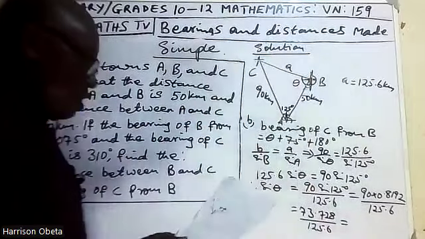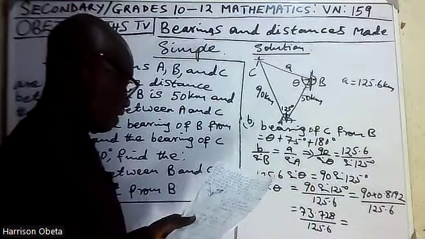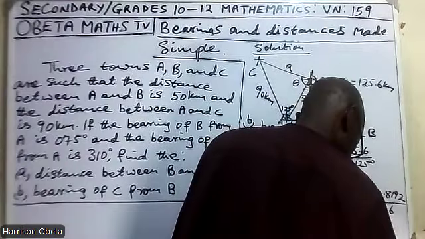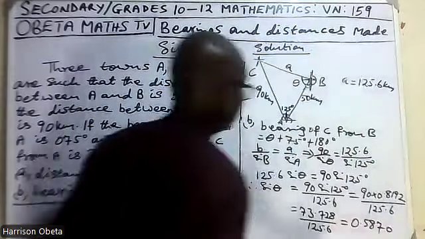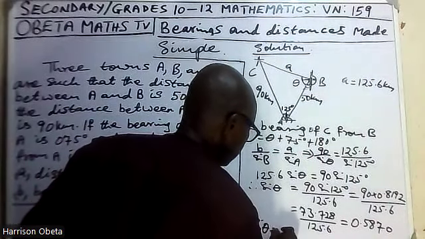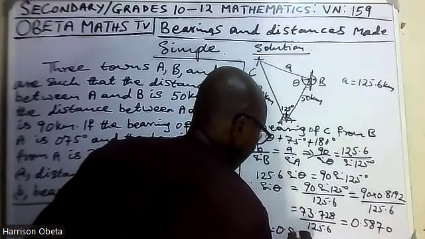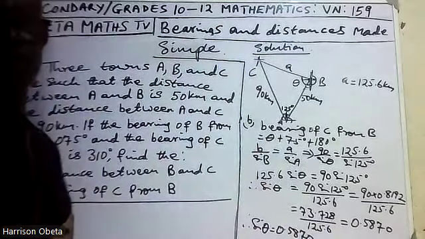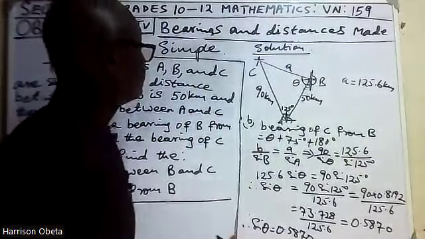And that will finally lead us to 0.5870. Therefore, sine theta is equal to 0.5870. So the next thing we are to do is to find sine inverse.